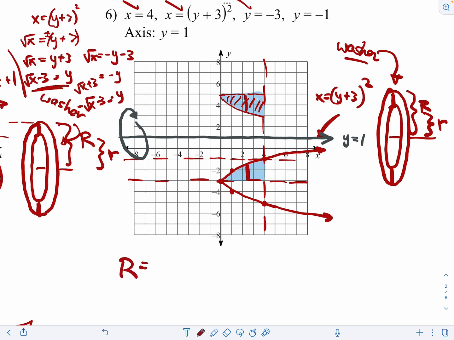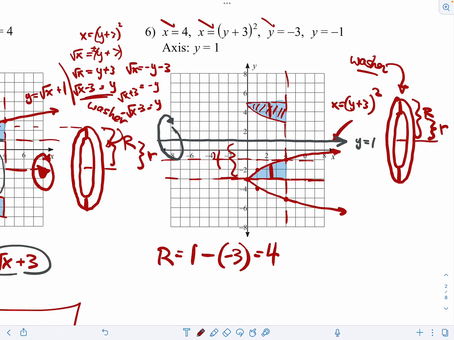The big radius is going to be the furthest right on the number line, 1, minus this line, which is y equals negative 3, 1 minus negative 3. It looks like our big radius is 4. And that makes sense because we are a distance of 4 units from the axis.